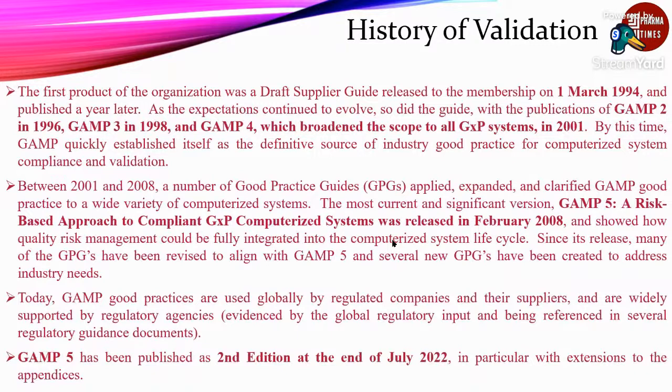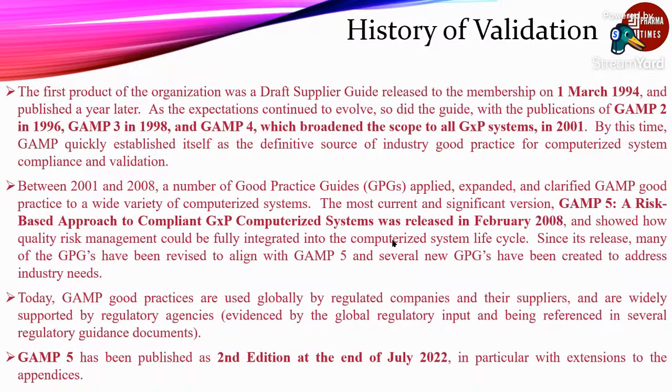Based on that, the final GAMP 5 guideline was prepared in February 2008. It shows how quality risk management could be fully integrated into the computer system lifecycle. So GAMP 5 represents the whole system lifecycle, how to define risk during your validation, and how to validate the system.